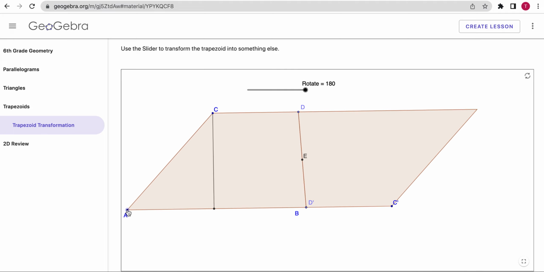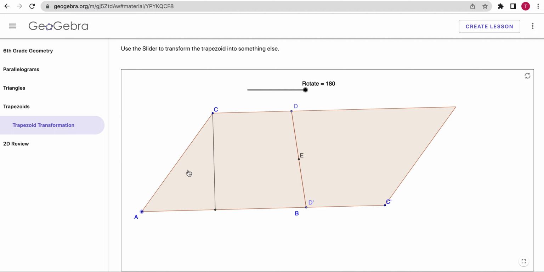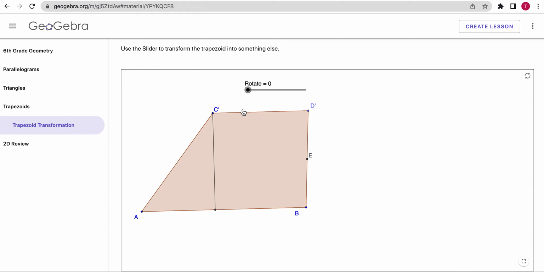So I'm going to stretch this out right here. You can see this line is back and we have two triangular shapes at the end of our parallelogram. And by manipulating this line right here, if we rotate it back to 0 degrees, you can see it's one of the edges of our initial trapezoid.